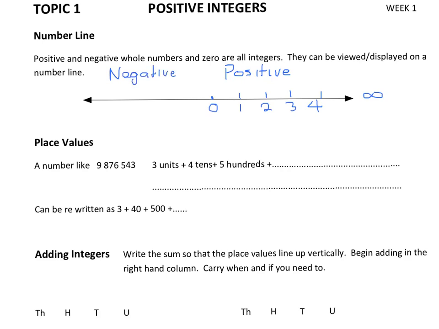So again, beginning from 0, going backwards now, I have -1, -2, -3, -4, -5, and continuing on towards the left to negative infinity. So we'll use our little infinity sign again.